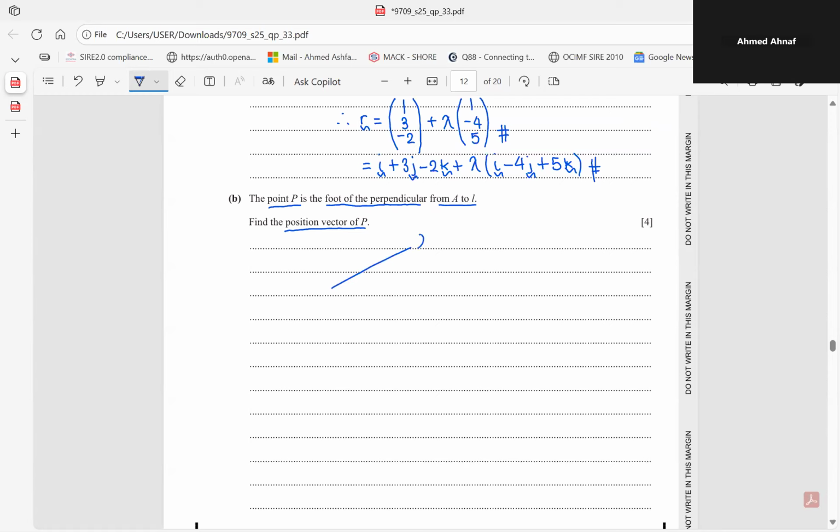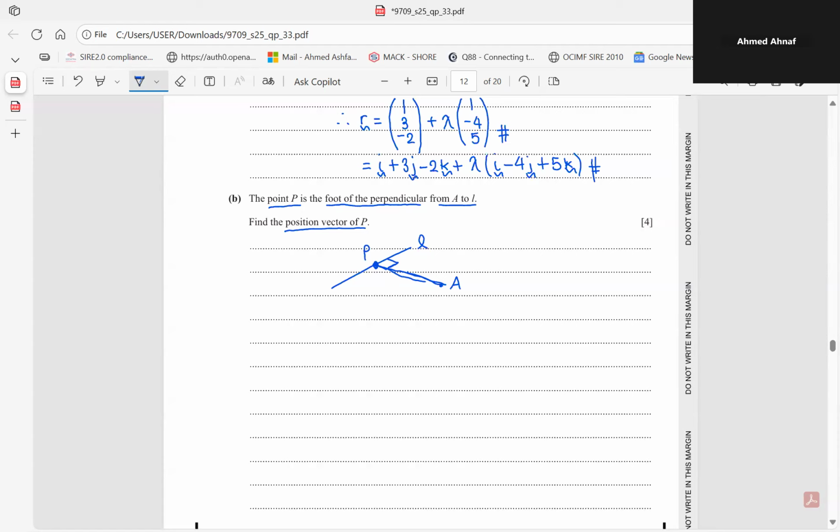So this is L, and this is the point A, and the perpendicular is something like this. Now, what do they mean by the foot of the perpendicular? So that's basically the intersection point between the line connecting A to L and L, like this intersection point right here. So we have to find the position vector of this.